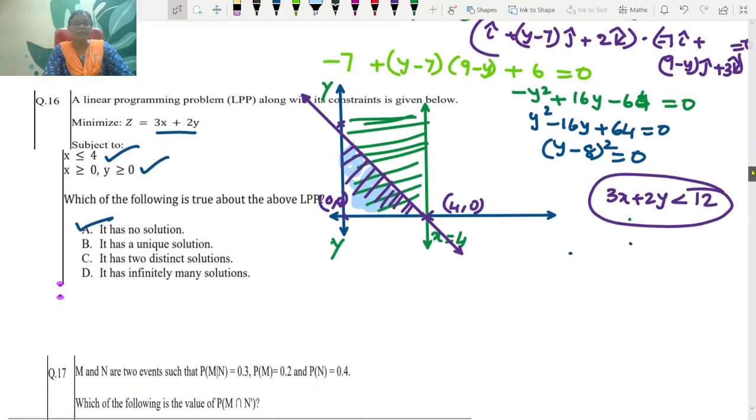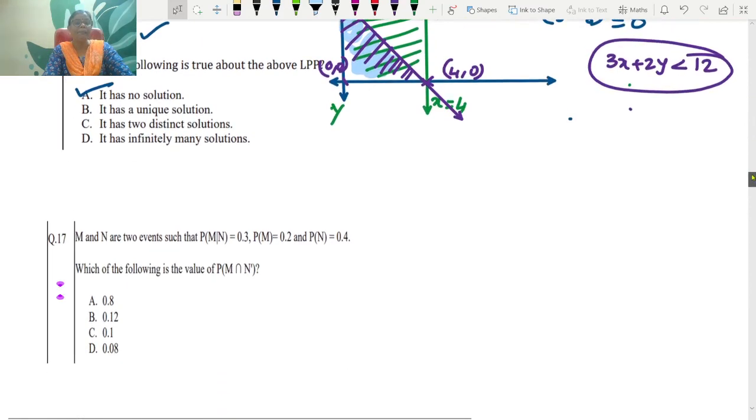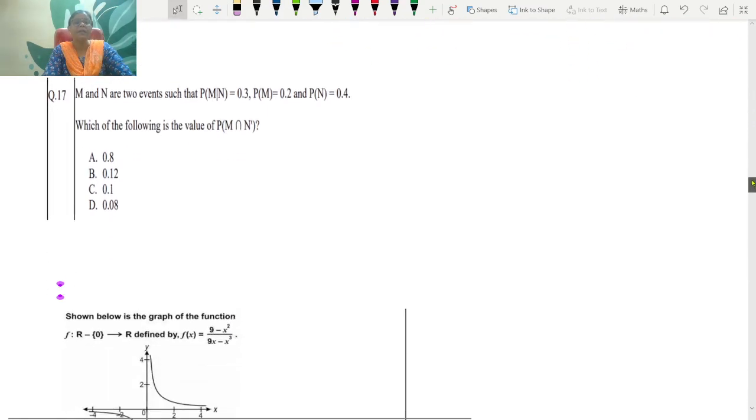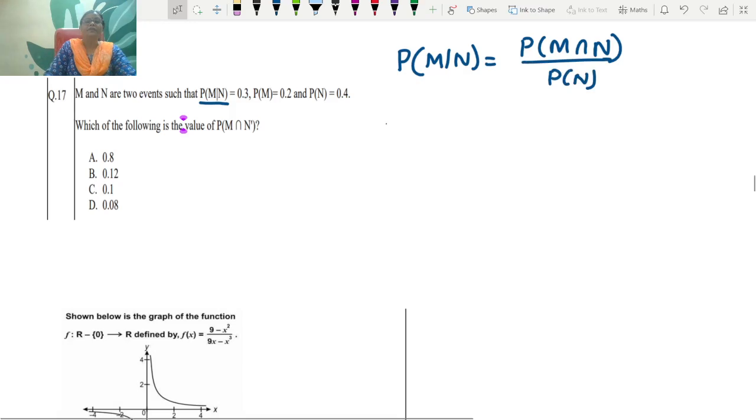So the next question we have is a question which is based on probability. M and N are two events such that probability of M restricted to N is given. Probability of M restricted to N, what condition do we have? This is probability of M intersection N upon the probability of N. So using this formula, can you get the value of something?